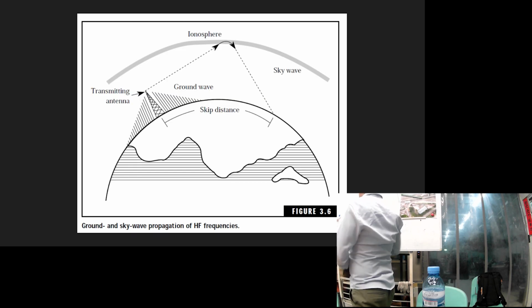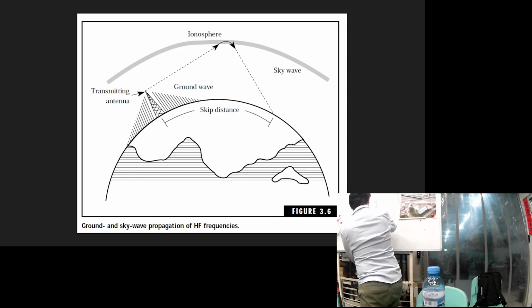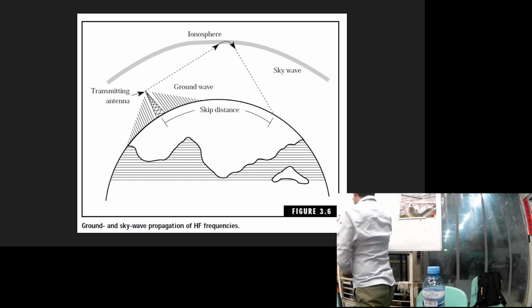So, one more extra thing to talk about. We have an emission angle, right? It is theta, right? So how about if we have an emission angle very, very close to 0 degrees?